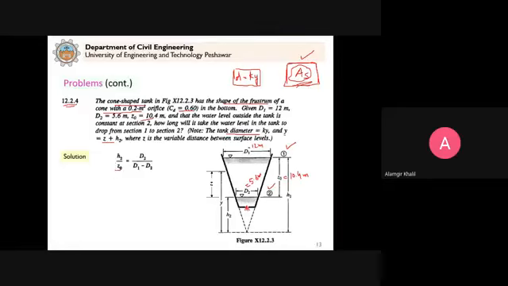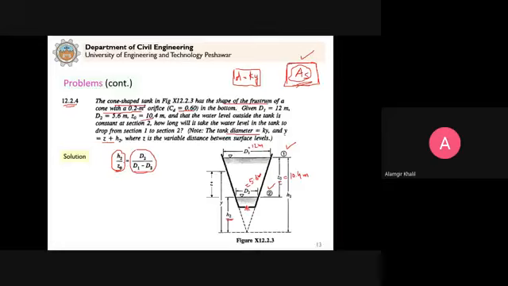So H2 divided by Z naught is equal to D2 divided by D1 minus D2. It says that this ratio is same as this ratio. This is how it is written. Left hand side is equal to the right hand side.